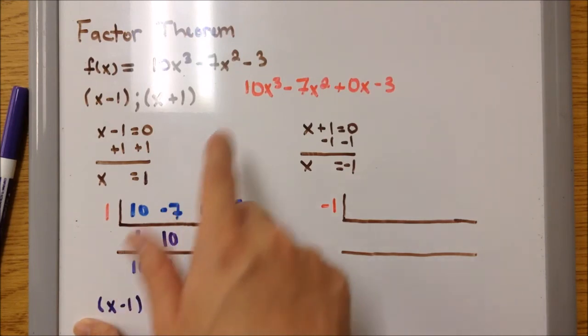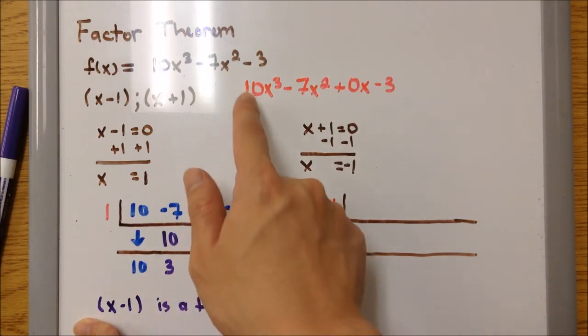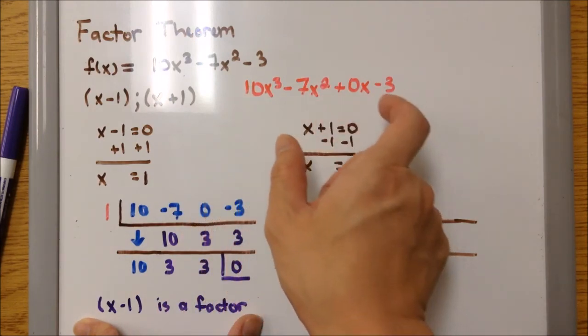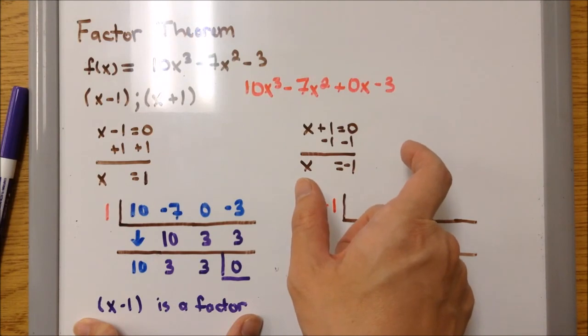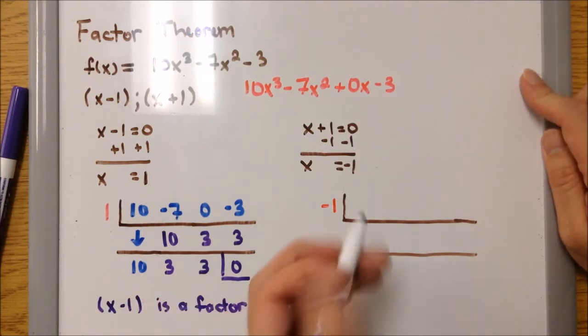If not, you have to use the original coefficients to test out the second factor. But if the first factor is indeed a factor, then you can use these numbers right here. So x minus 1 was a factor. I'm going to use 10, 3, and 3.